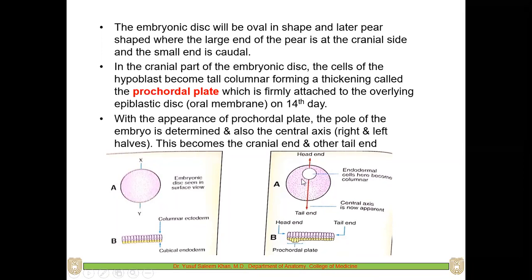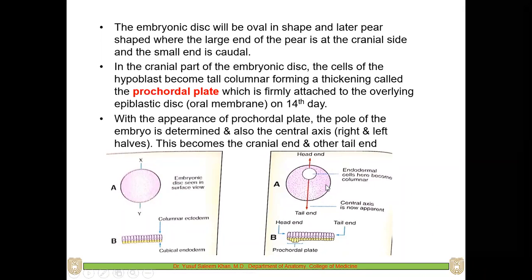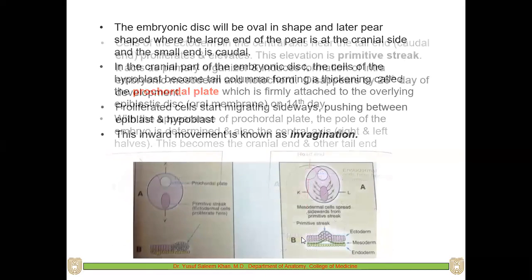So we know this part will form the right part of the body, and this will form the left part of the body. Now all of these are determined. This becomes the cranial end and the tail end. Where the prochordal plate is formed, that forms the head end, and the other part becomes the tail end. Now it is determined.